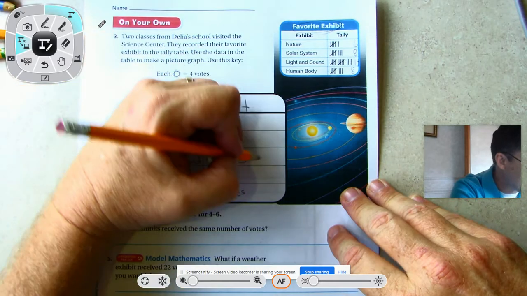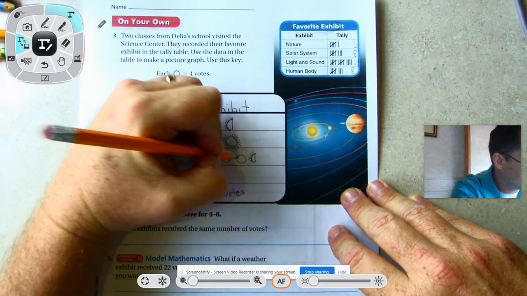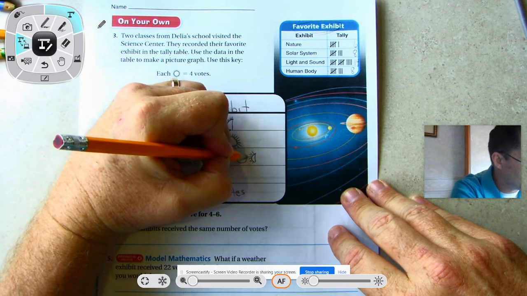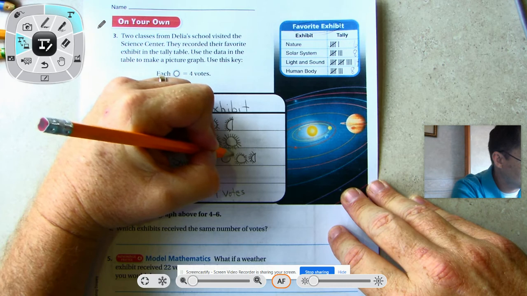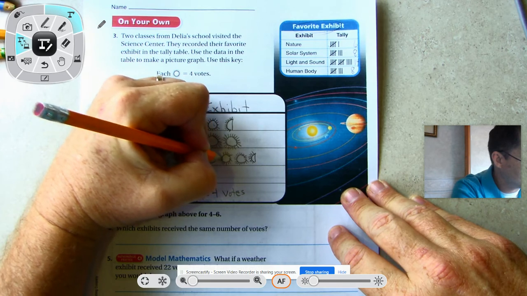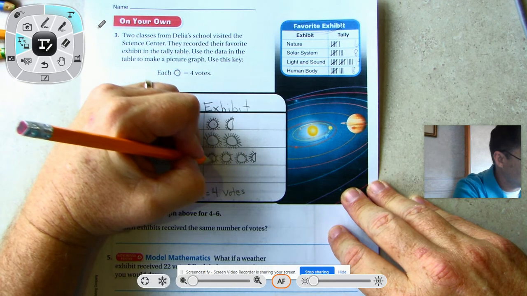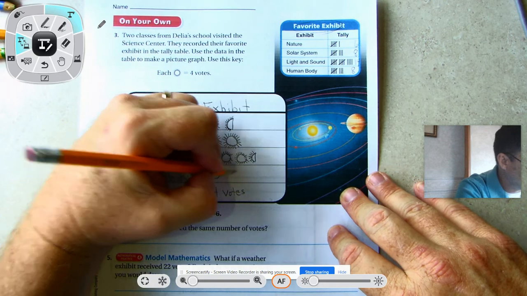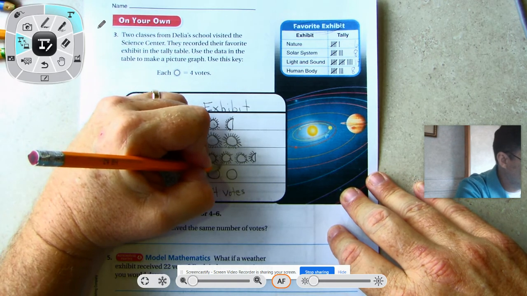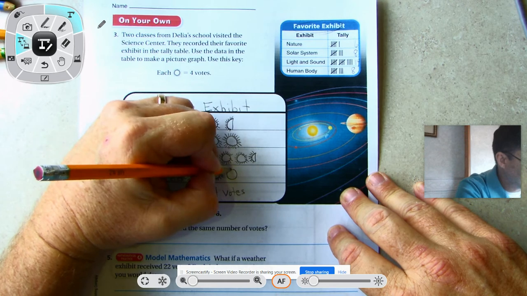So again, I need half of that sun. 12 plus 2 is 14. And then 8, that's the same as the solar system. So we're going to have 2 full suns for that. 4 plus 4 is 8.